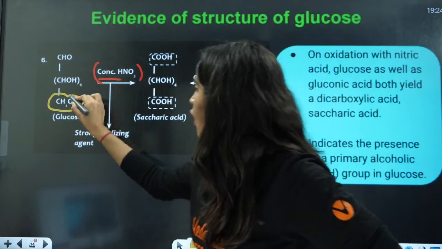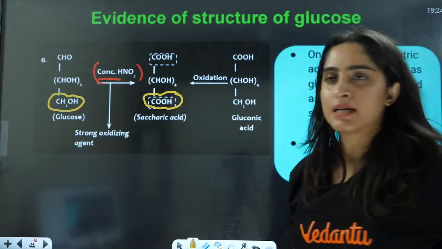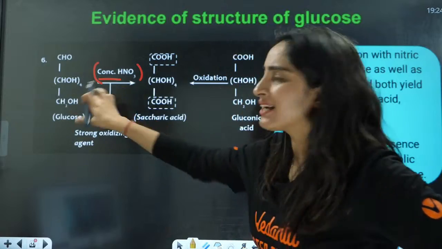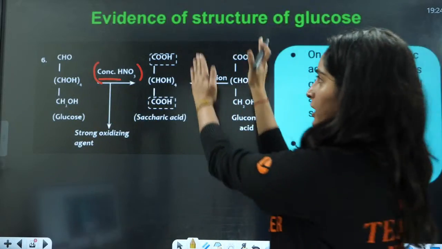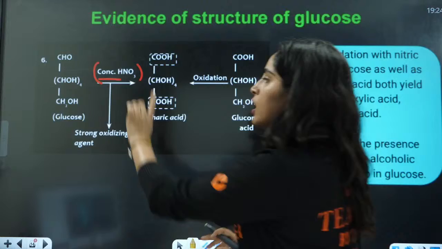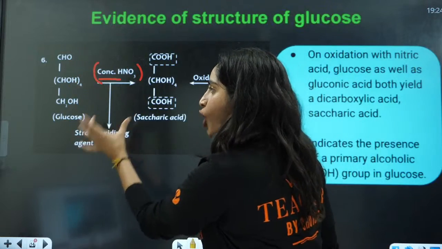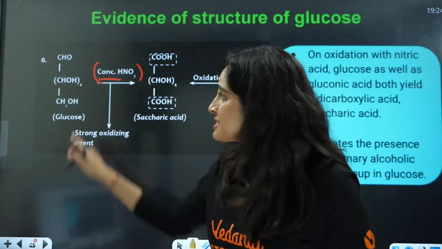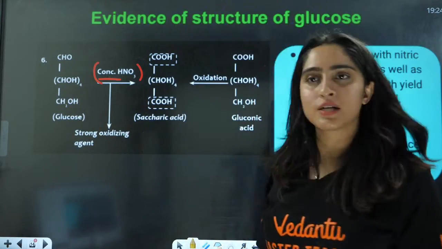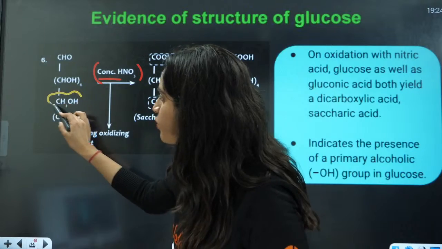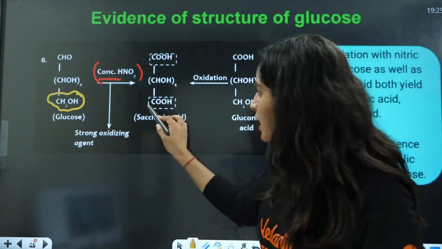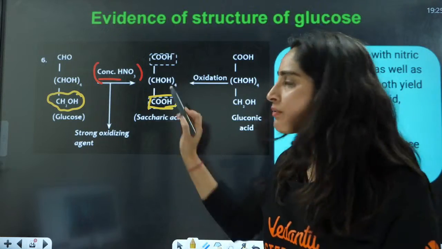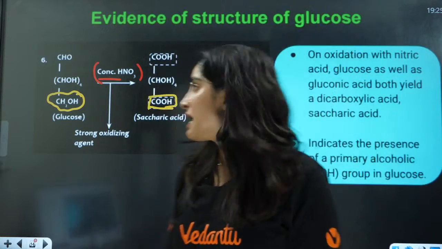You can just write this reaction, and I'll give you something about this reaction also. Now, with this very strong oxidizing agent, the secondary group is not oxidized. Only the primary group is oxidized, to the carboxylic acid group, right? That means there is one primary group here, right?